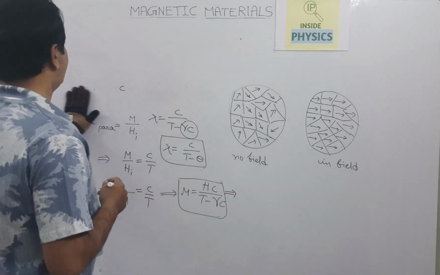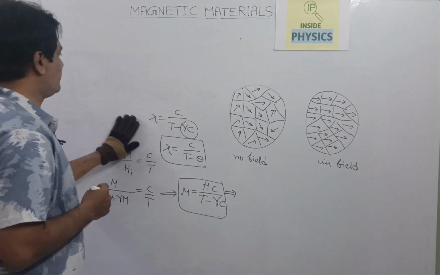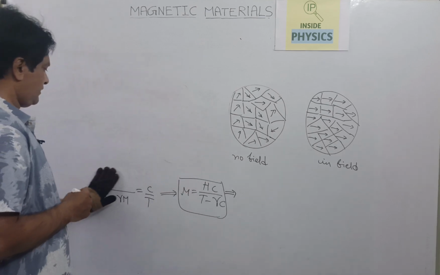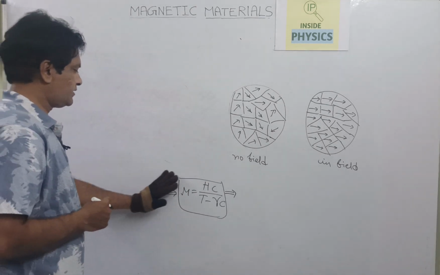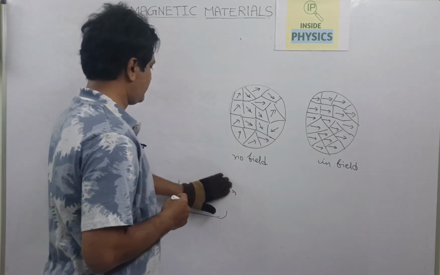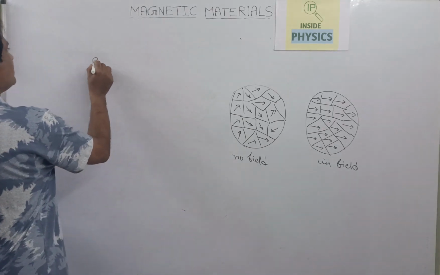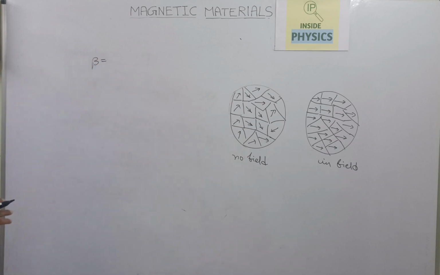Now consider the Langevin variable beta, according to Langevin's theory of diamagnetism and paramagnetism, which gives the variation of susceptibility with temperature.